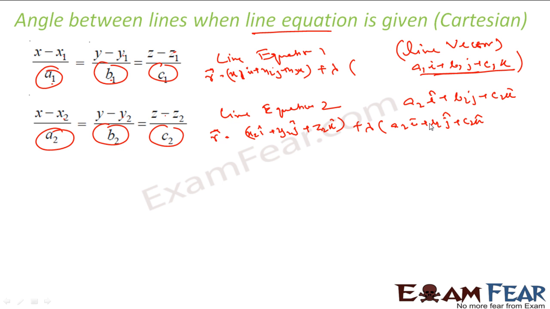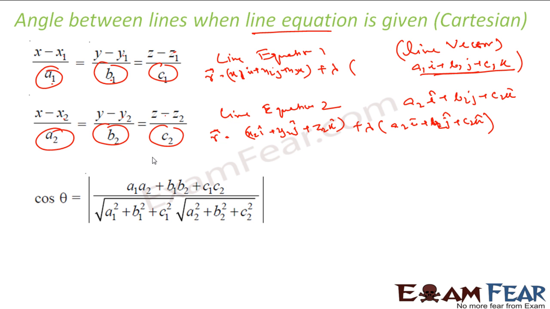Correct? So we are interested only in these values a1, b1, c1, a2, b2, c2. That means the angle between these will be a1a2 plus b1b2 plus c1c2 by root of a1 square plus b1 square plus c1 square, root of a2 square plus b2 square plus c2 square.